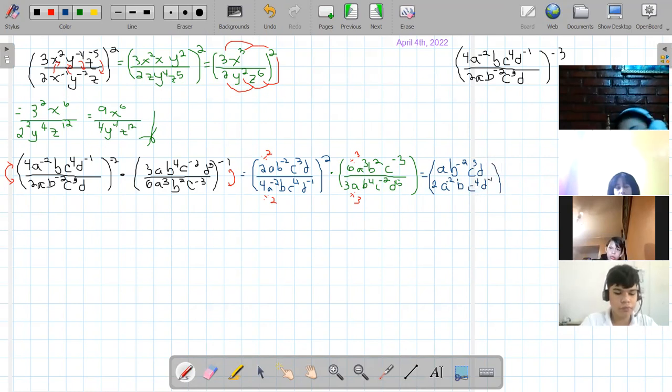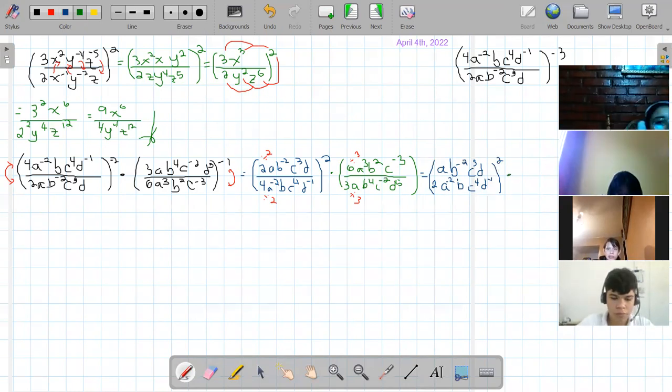And it's still going to be affected by the positive 2 power of a power. Now I go with the other parenthesis. And I got 6 divided by 3, 2. And I copy my variables.